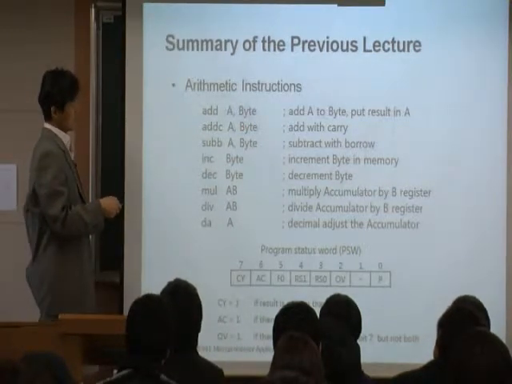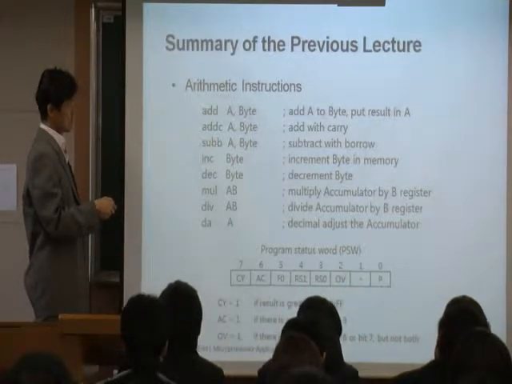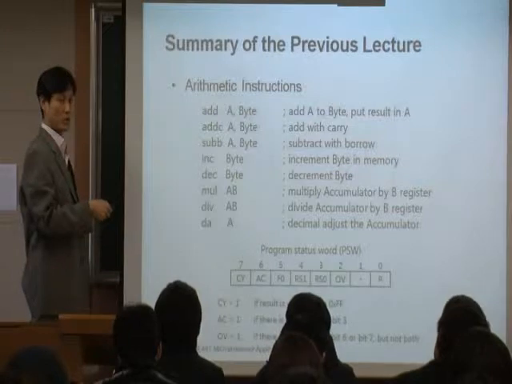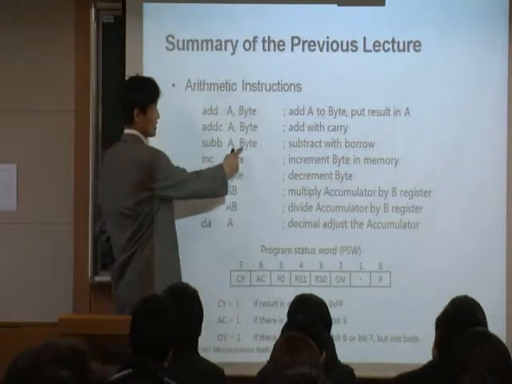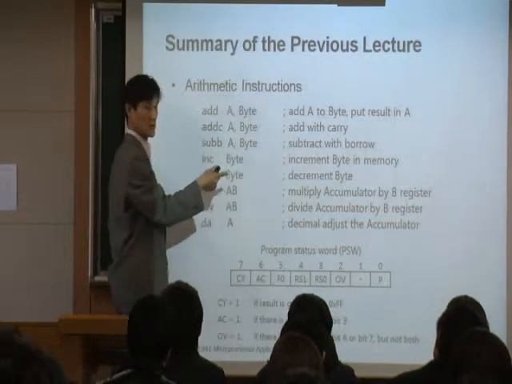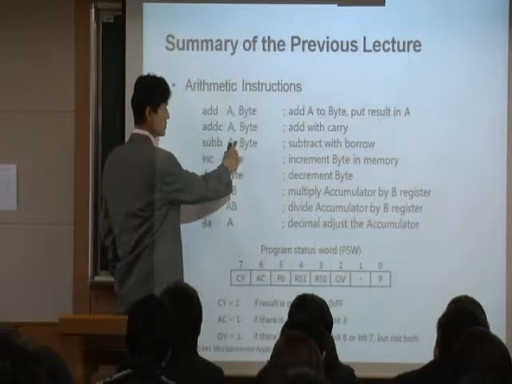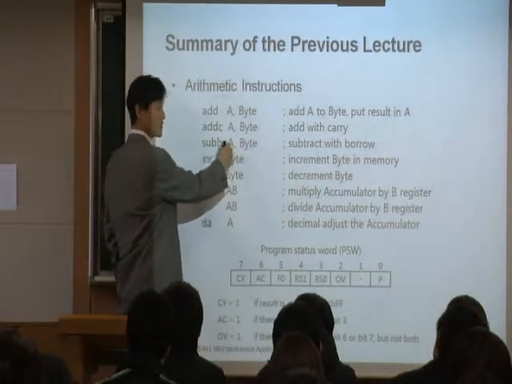SUBB is a subtract with borrow. The reason that we always have a borrow in subtraction is that sometimes you want to subtract a large value from a small value. In this case, you do A minus byte, and the result goes back to A.